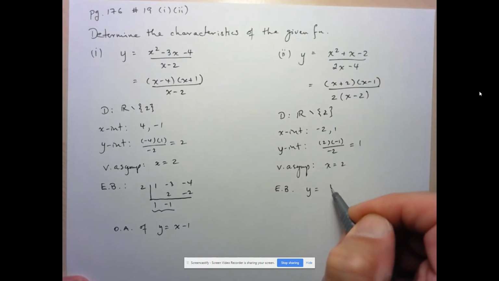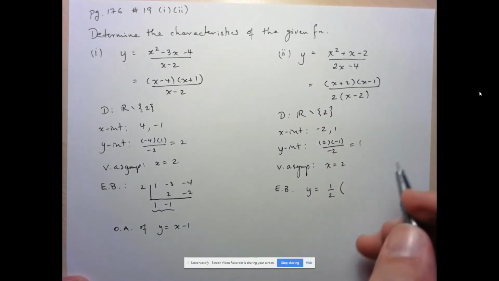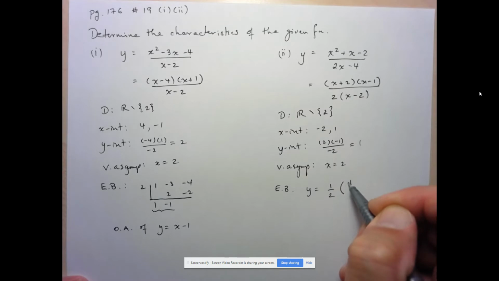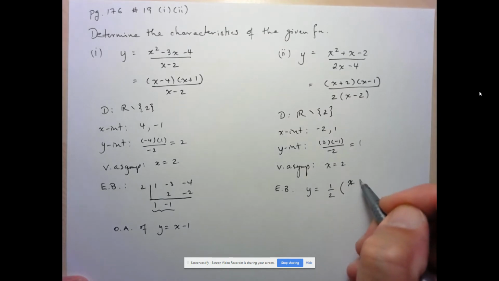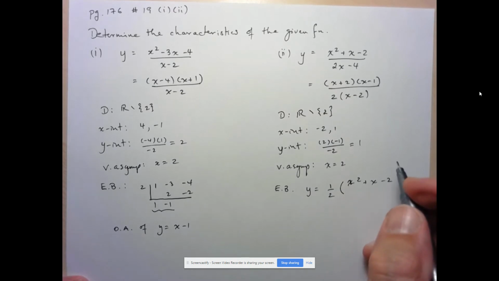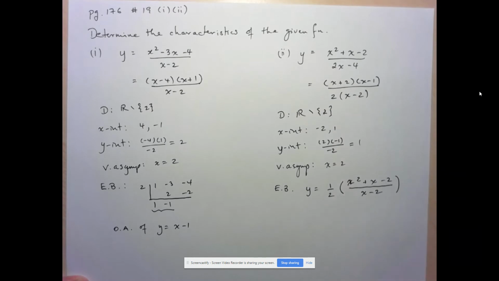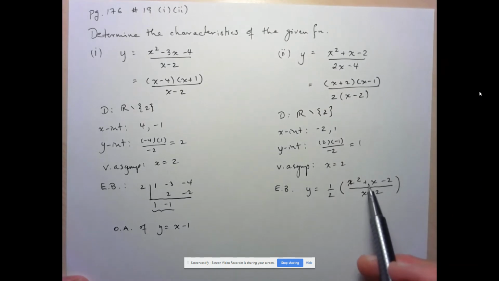I'm going to factor out the 1/2, which is essentially factoring out the 2 in the denominator. I'm going straight to the synthetic division. So (x squared plus x minus 2) divided by (x minus 2). And so I have to perform my synthetic division on this expression here.